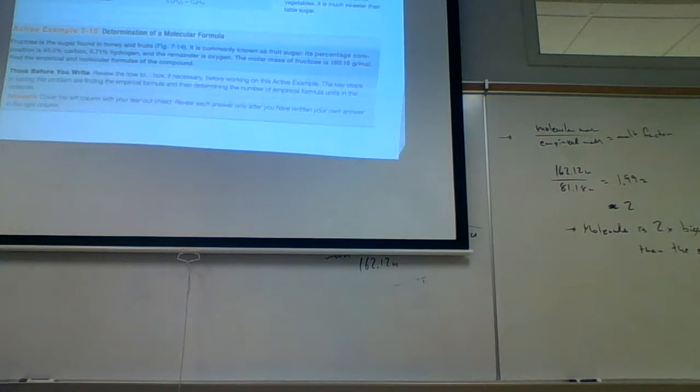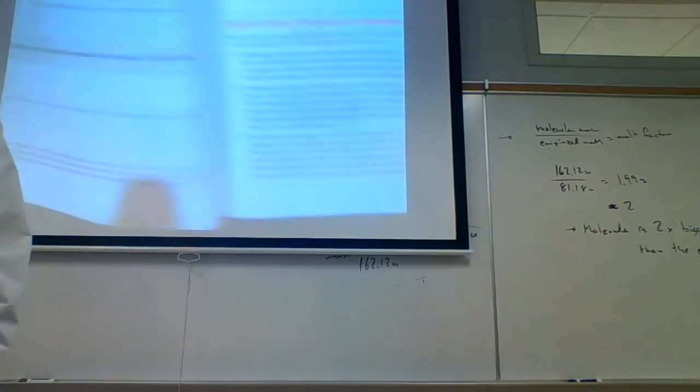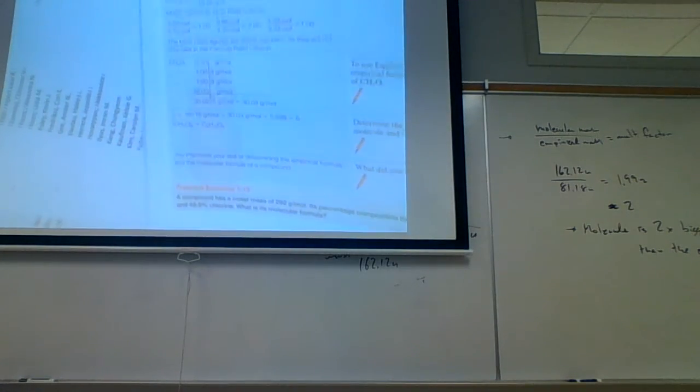So we could figure out how much oxygen there is because it all has to add up to 100%. And so the difference between the carbon, hydrogen, and 100% is the percent oxygen. The molar mass of fructose, so they give us the molar mass in grams per mole, which is the same as U per molecule. And so 1 molecule of fructose weighs 180.16. Find the empirical and molecular formulas. And so they basically go through the same process that we did. We assume a 100-gram sample, just to review here.